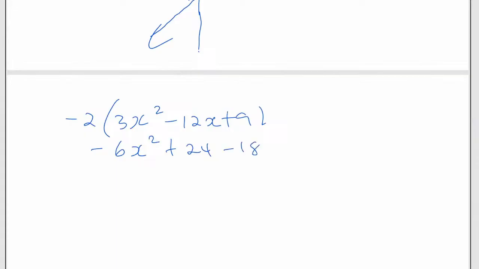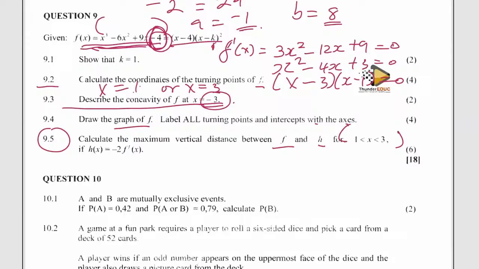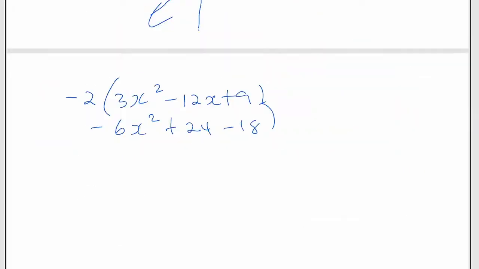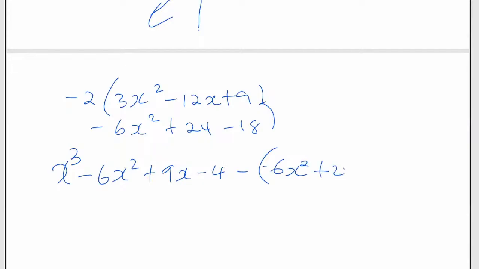I'm going to get the cubic function, this one, and then subtract this one. So if I have x cubed minus 6x squared plus 9x minus 4, now I'm subtracting the whole of this, which is negative 6x squared plus 24x minus 18.